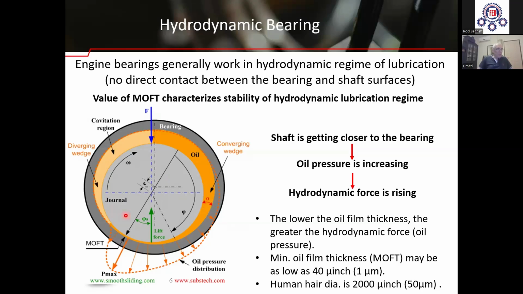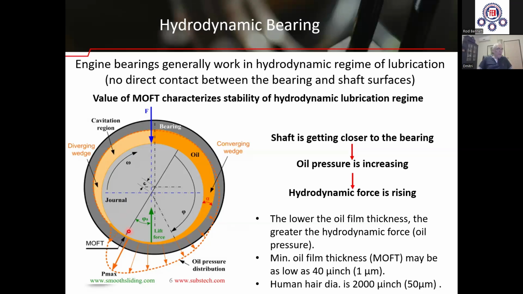The value of minimum oil film thickness indicates stability of hydrodynamic lubrication. The greater the MOFT, the more stable the hydrodynamic regime of lubrication. So when we design engine bearings, we design them to have the maximum value of MOFT, minimum oil film thickness.